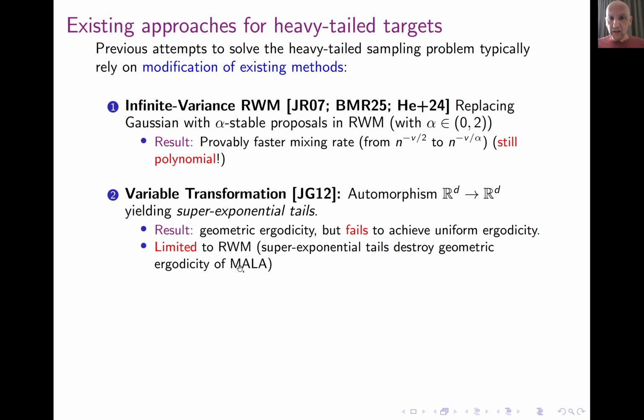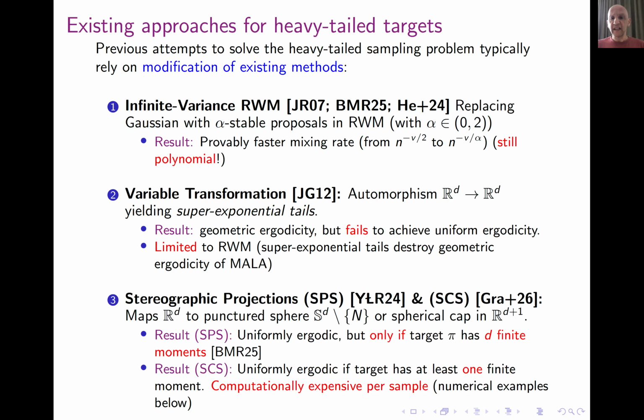And this method is really only applicable to random walk Metropolis, because if you have gradient methods and you dampen the tails too much, you get super-exponential tails, and then geometric ergodicity goes out the window. This is a well-known fact. ULA even becomes divergent, it's not even an algorithm, and MALA is certainly not geometrically ergodic. So it's a delicate method in that sense.